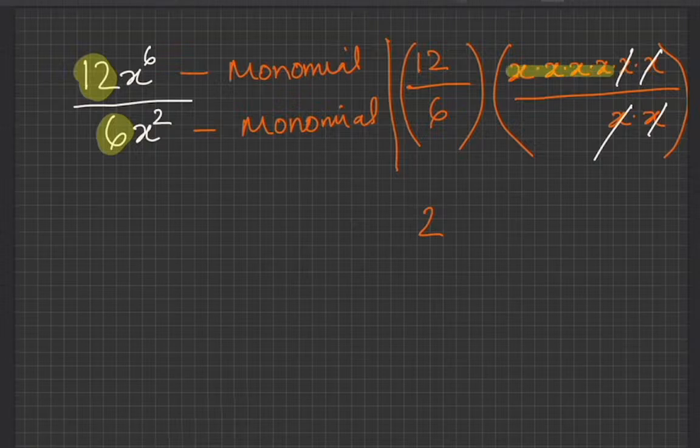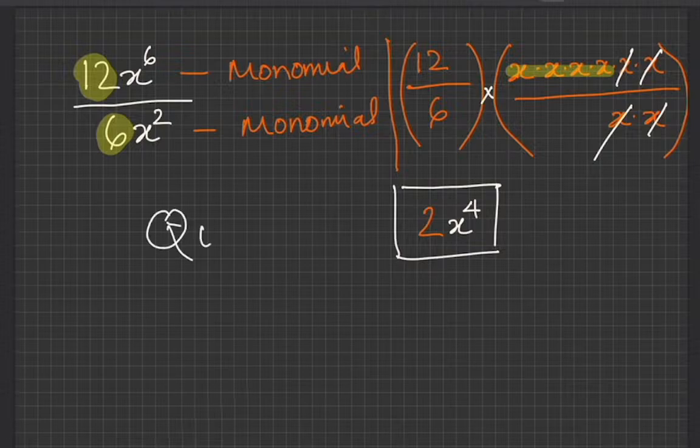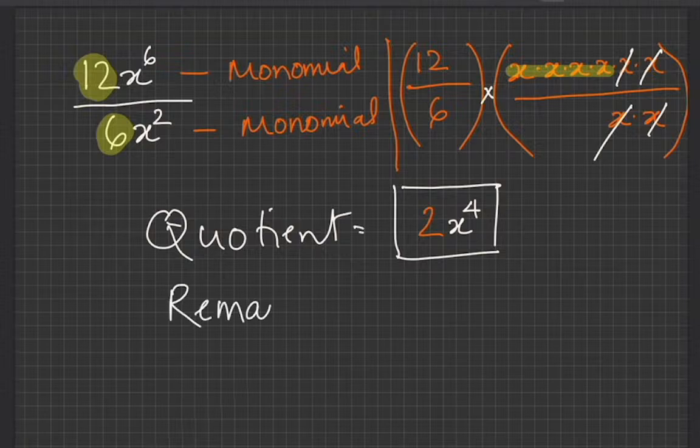So that is x to the power 4. So when I divide 12x to the power 6 by 6x to the power 2, the quotient is 2x to the power 4, and my remainder is 0.